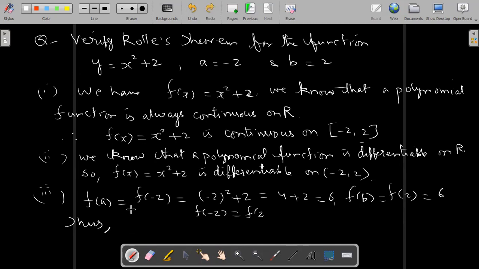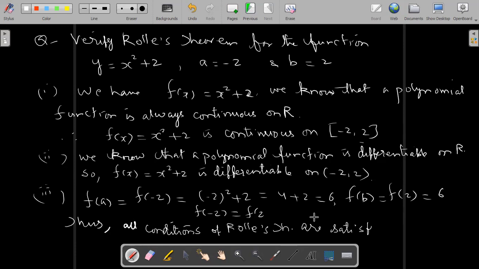Thus all conditions of Rolle's theorem are satisfied.